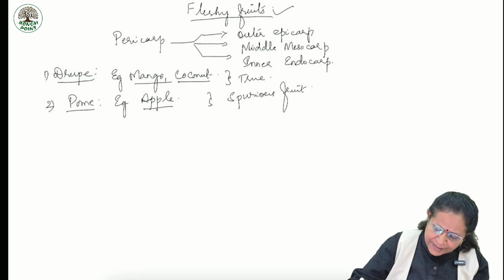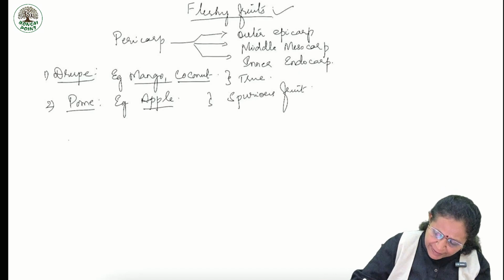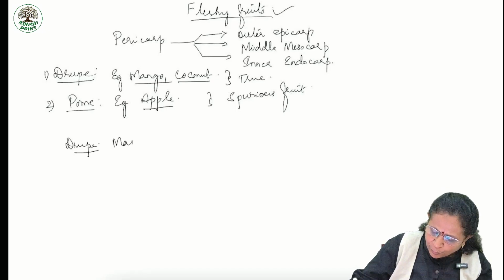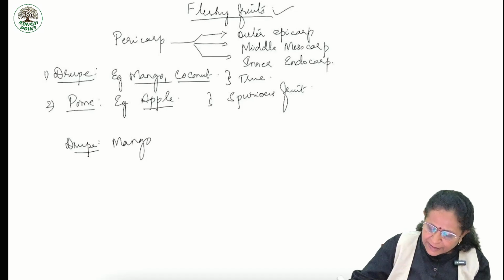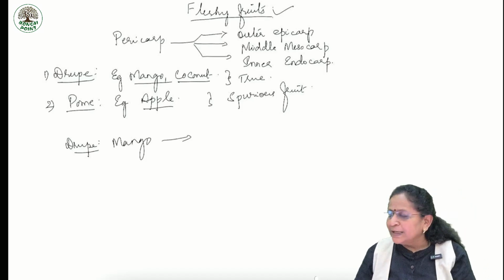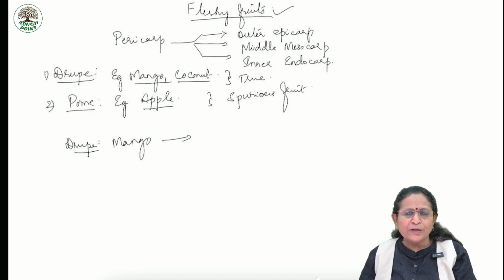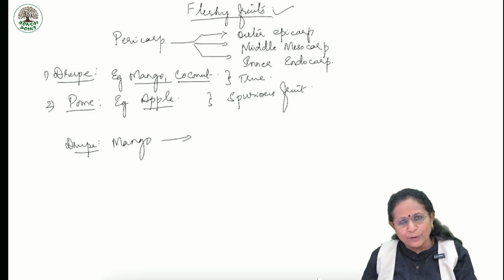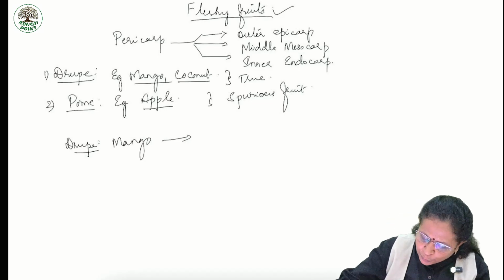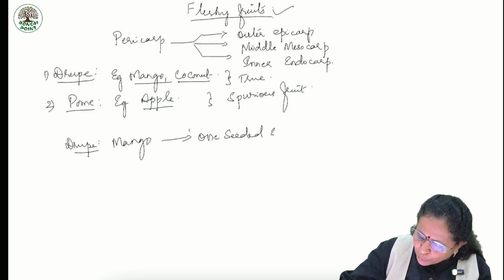Okay. Let me start with drupe. Example, mango. See, first sentence you have to write, this is an example for true fruit, fleshy fruit. Okay. And drupes are also called one-seeded stony fruit.